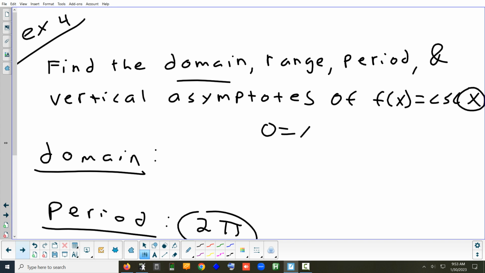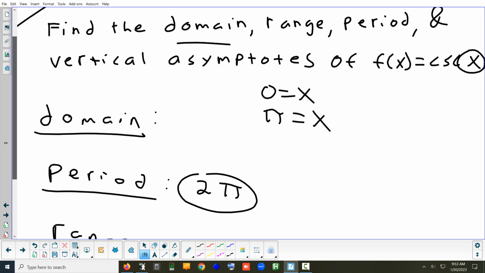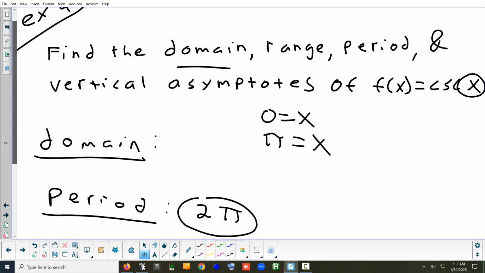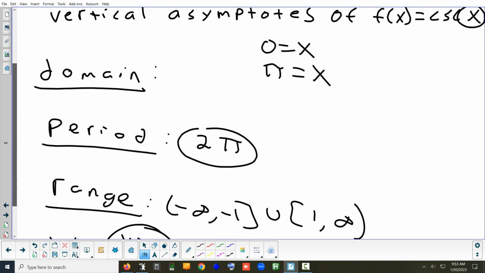There's your argument. Well, 0 equals x, pi equals x. There's nothing to solve. If there was a 2 or a number in front of the x, then we'd have to solve it. But there's nothing in front. So there's my vertical asymptotes.